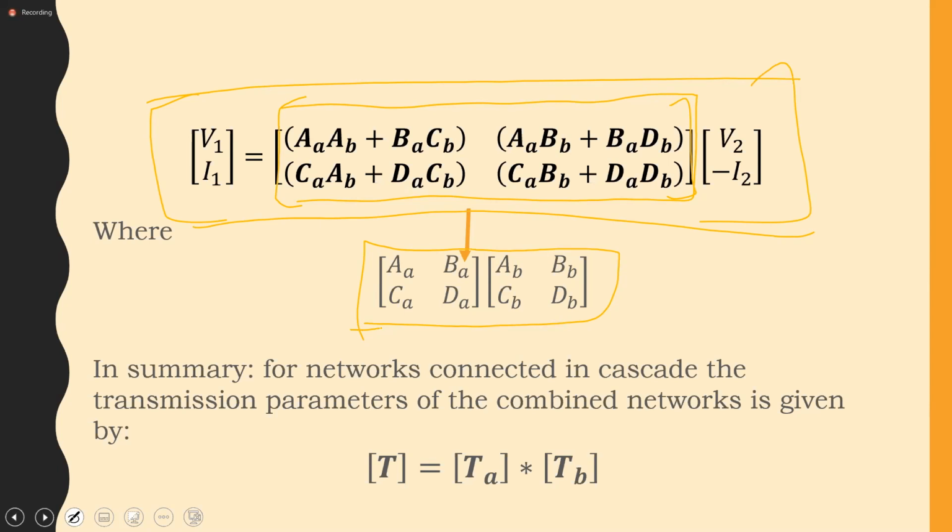So for both networks connected in cascade, the overall transmission parameters will be equal to TA times TB.